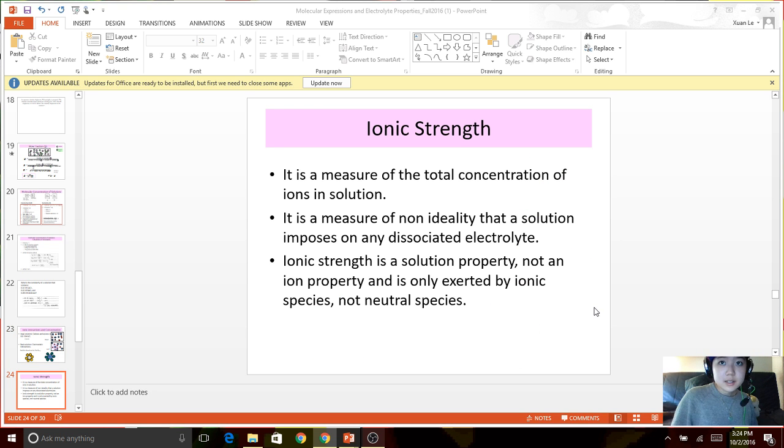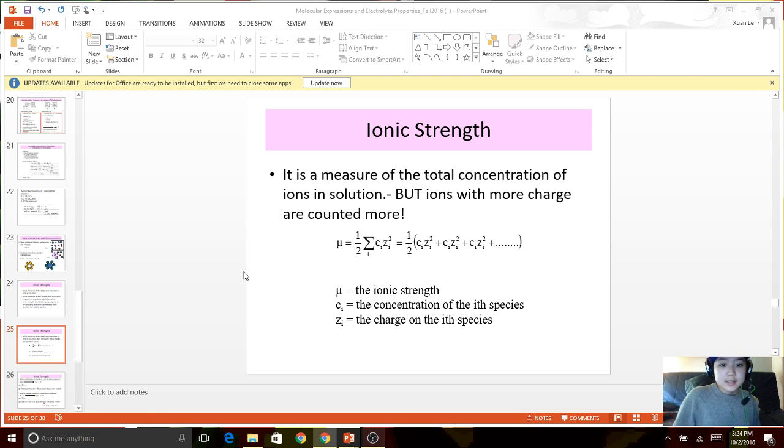To calculate the effective concentration, first we're going to need to know the ionic strength, which is the measure of the total concentration of ions in solution. This is only exerted by ionic species, so something like glucose would have an ionic strength of 0 because it's neutral. So here's this equation.